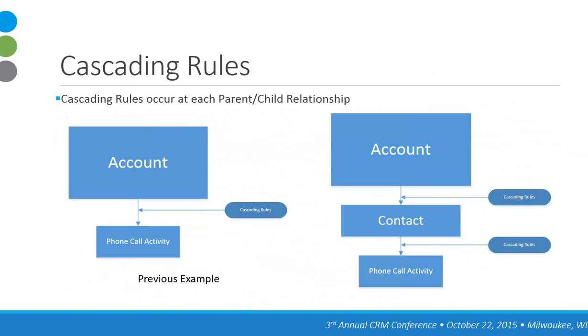So in situations like that, you're going to have a waterfall effect where if the account is reassigned, it's going to reassign all the contacts, and then it's going to reassign any activities to the contact as well. So you actually have to configure those rules in between each relationship there. So in between the account and contact would be one place you have to configure it, and then you also would want to change it between the contact and phone call activity.